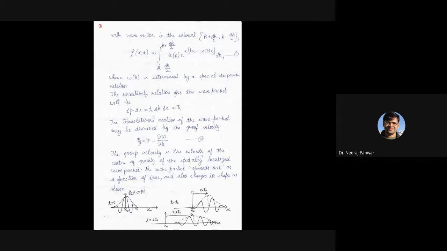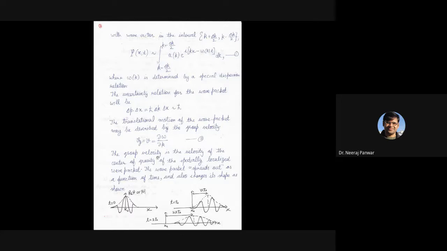It is a wave packet having different waves. Therefore, we talk in terms of group velocity, given by Vg, which is del omega by del k. After a passage of time 2t naught, the wave function will look like this, and it has traveled 2v t naught distance from its position at time t equal to 0.